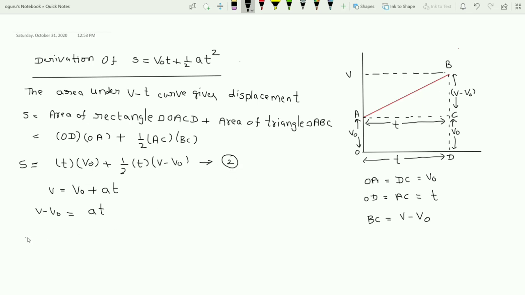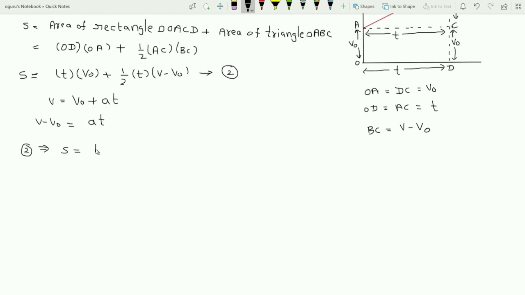Equation number 2 implies, let us write the displacement S is equal to TV0 plus half into T into, according to the second equation, V minus V0. In place of V minus V0, let us substitute AT.